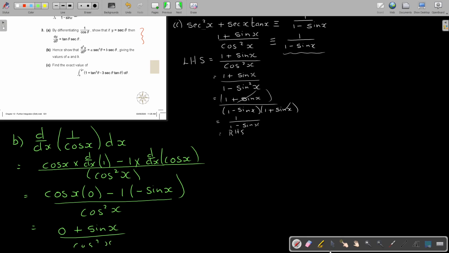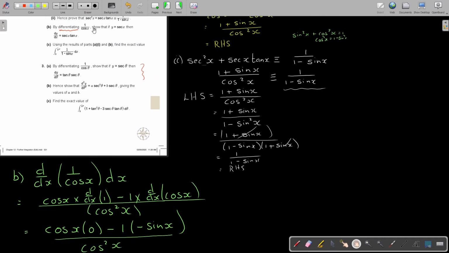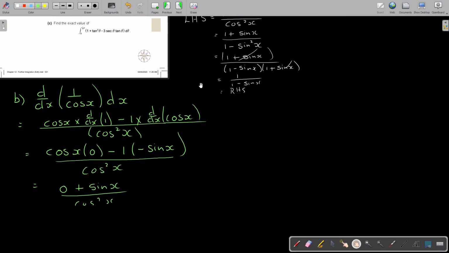Now, if you come to a point and you wonder, what did they ask? By differentiating, show that sec x tan x is equal to this, after I differentiate. But just see what I have. I can break it up into sin x over cos x multiplied by 1 over cos x.